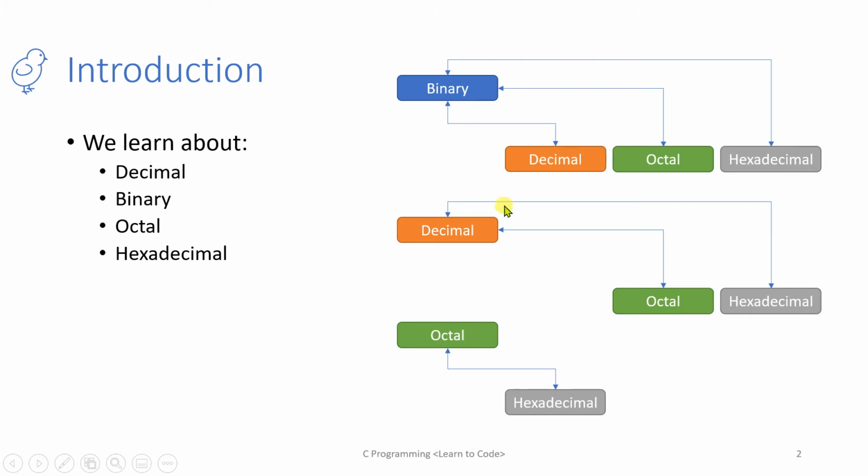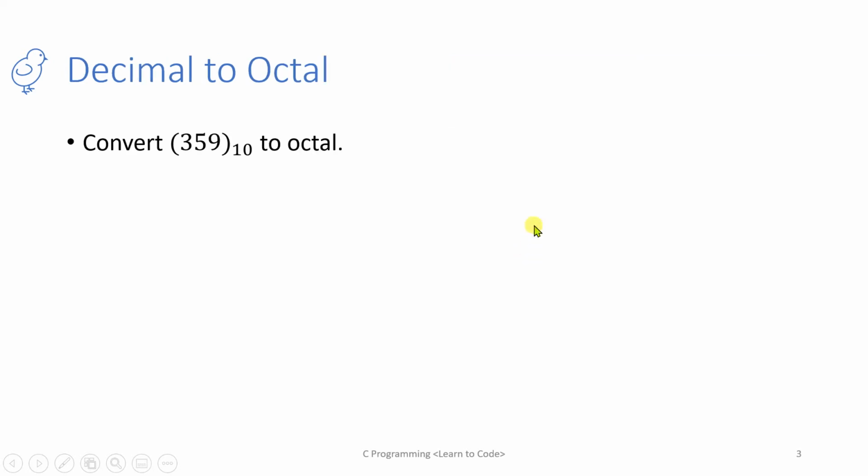Or sometimes a decimal number is given and you are asked to find the octal equivalent of that number. So in this lecture we are going to discuss, given a decimal number, how to convert it into octal, and given an octal number, how to convert it into decimal. So let us start the first one, that is converting a decimal number to its corresponding octal number.